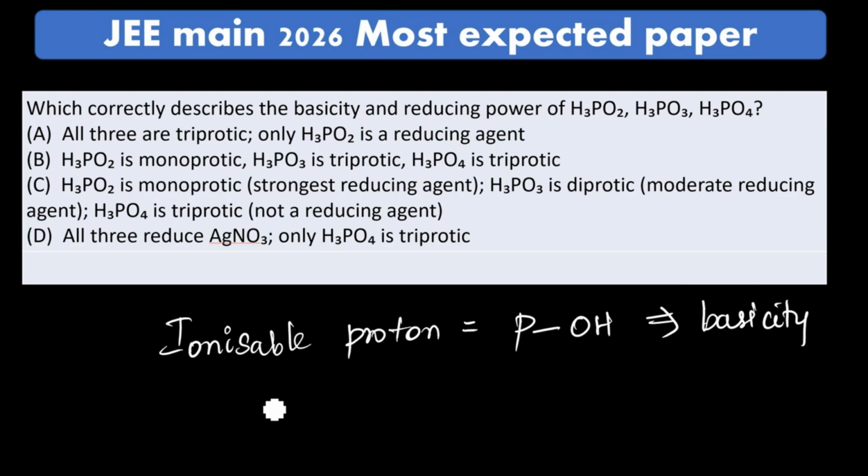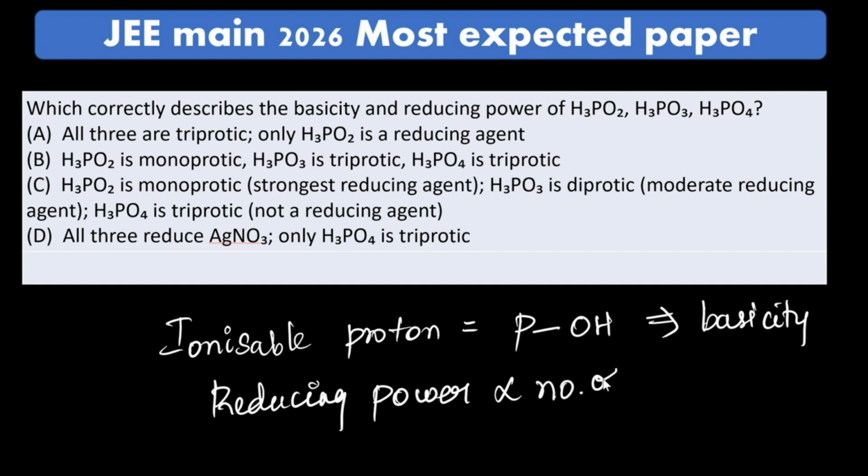And the rule number 2 you need to remember is reducing power. Reducing power is always directly proportional to the number of P-H bonds, because a P-H bond can get oxidized, right? So now tell me in the comments which is the right answer. Let's see who says first.